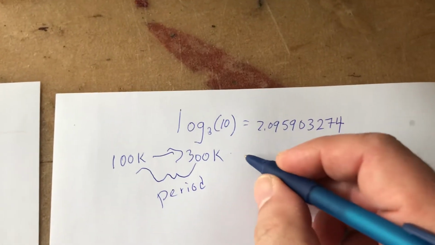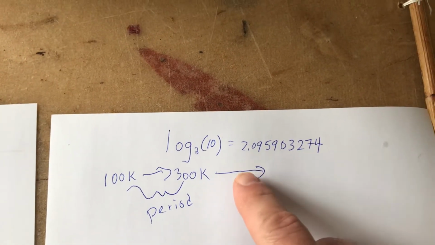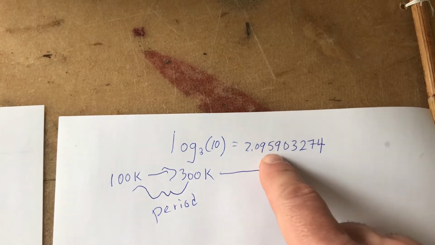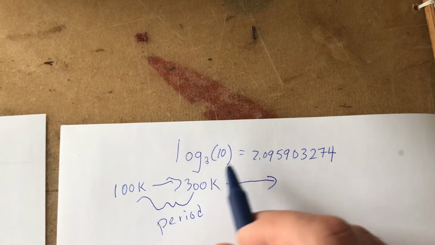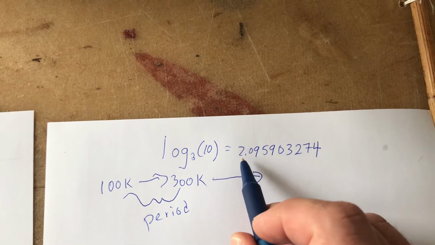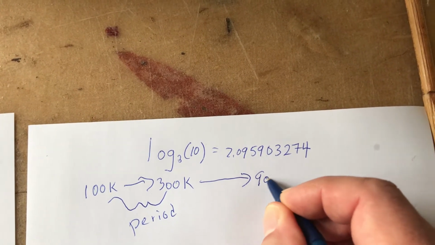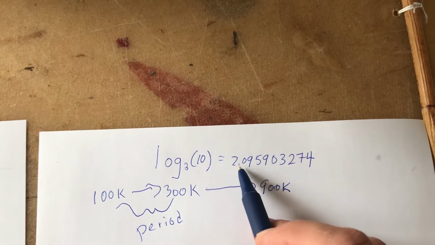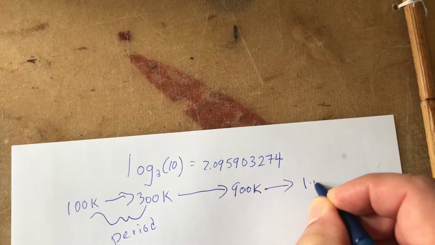And then to get a tenfold increase, we would take this period and multiply by that number. Because basically one of this exponent brings you from 100 to 300, then the second one would bring you from 300 to 900K, and from 2 to 2.09, that would bring you to the last bit, to 1 million.